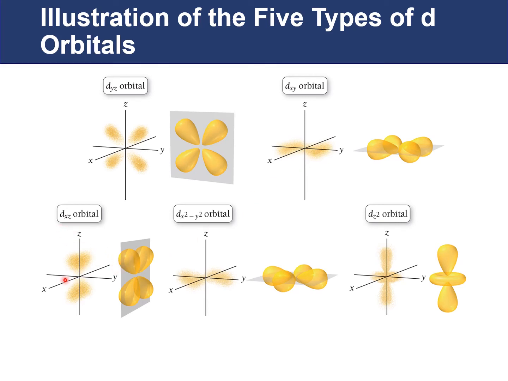It falls along the xz plane with the lobes being located between the axes. For the dx squared minus y squared, you have an X shape, but now the orbitals lie along the y-axis and the x-axis. The last one, which is the dz squared, has a p orbital shape with this toroid ring that goes around the center.